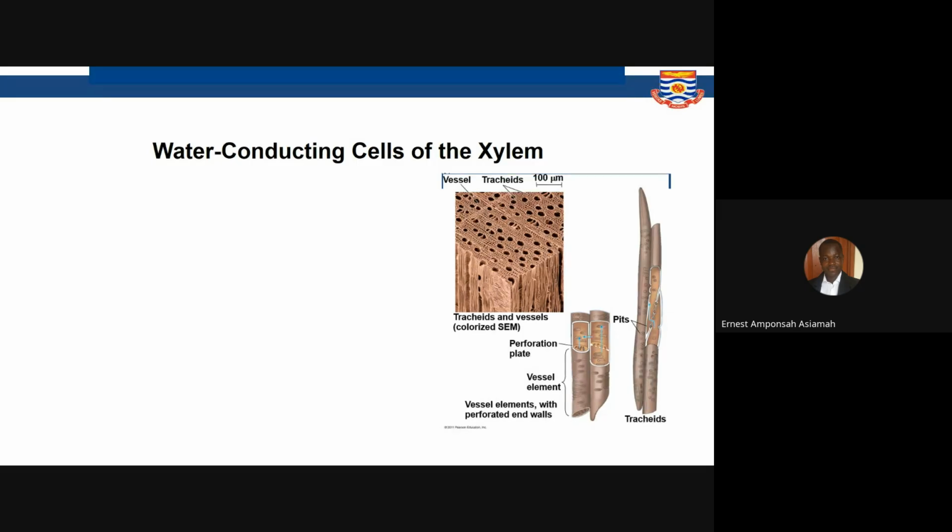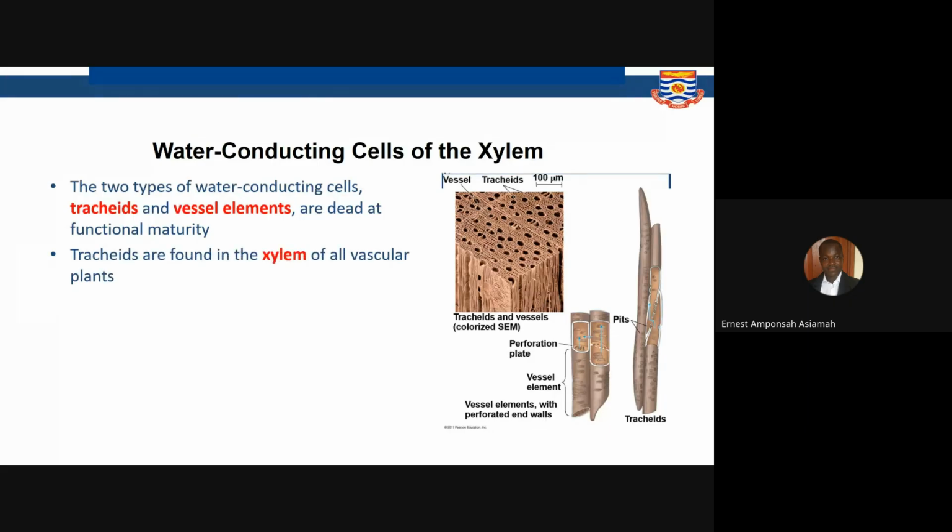Next is to look at the xylem tissue, and we comment on the water conducting cells of the xylem. There are two types of water conducting cells: the tracheids and the vessel elements.